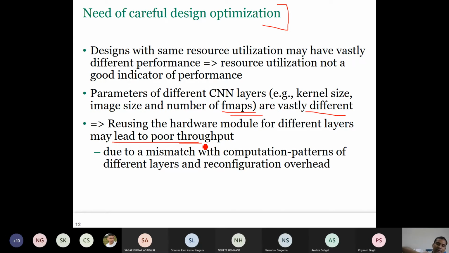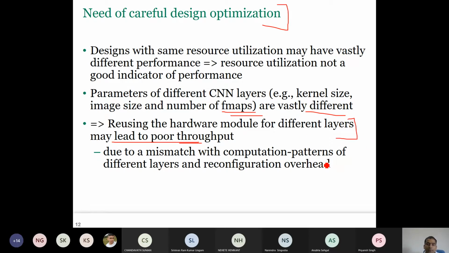I want to make a systolic array, so you can very easily do 3 × 3 multiplication. Okay, fine. But what if your kernel size is 5 × 5, and you have to do 5 × 5 multiplication? Then this 3 × 3 module is not useful, or it is suboptimal. You will have to break up your 5 × 5 multiplication into 3 × 3 multiplications and then do it. So this leads to poor throughput.